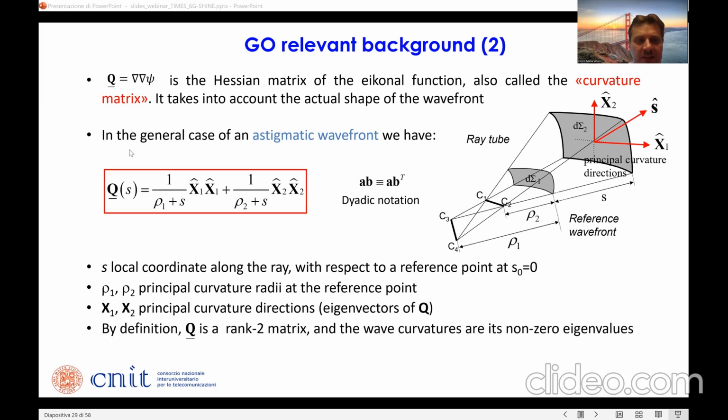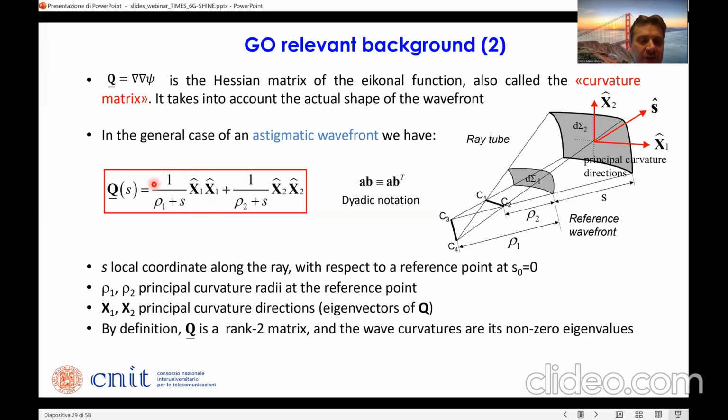The curvature matrix is the Hessian matrix of the eikonal function, so it contains the second-order derivatives of the phase of the considered wave, and it can be expressed in the following way as a matrix whose eigenvalues are the principal curvatures and whose eigenvectors are the principal curvature directions.